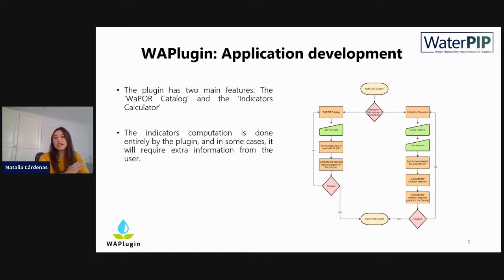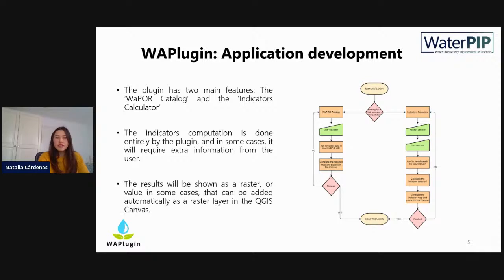The main input data is the one provided by WaPOR, but some of the indicators also require some user inputs, so the plugin allows that. The results will be shown as a raster or value in some cases, depending on the indicator, that can be added automatically as a raster layer in the QGIS canvas.